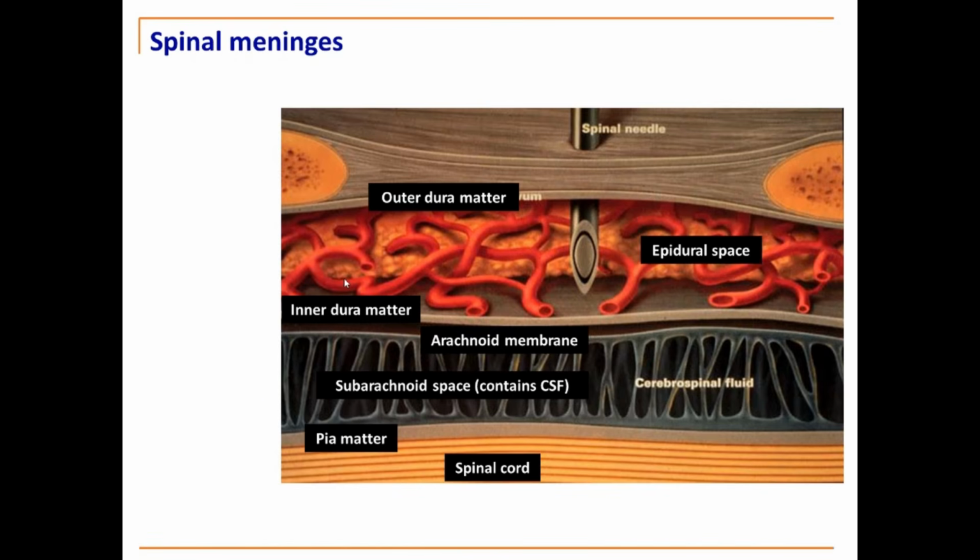So looking at the spinal meninges again in a little bit more detail this time, here again you can see the outer dura mater, then the epidural space, which is not present in the cranial meninges, the inner dura mater, the arachnoid membrane, the subarachnoid space, which has the CSF, the pia mater, and then the spinal cord, of course. So in this case, the epidural space, of course, that is a needle location for an epidural block.